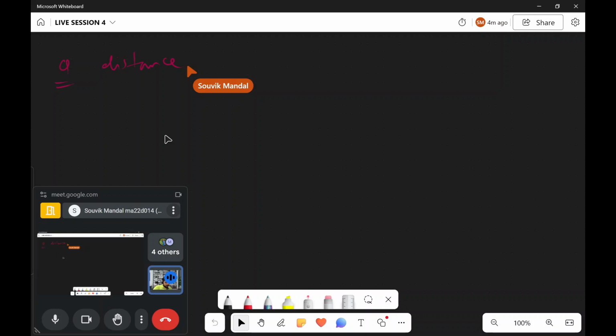In the last session, we introduced the concept of distance between a point and a set.